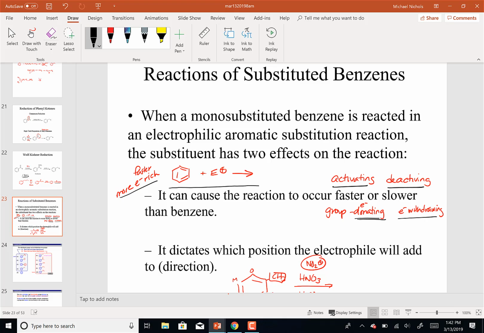So that's what those terms mean. And so now we need a list of groups. We need to figure out why they donate or why they withdraw electron density, how they do that by inductive or resonance effects. So that's the first thing, does it make the reaction occur faster or slower? So we have activating and deactivating groups. Great.